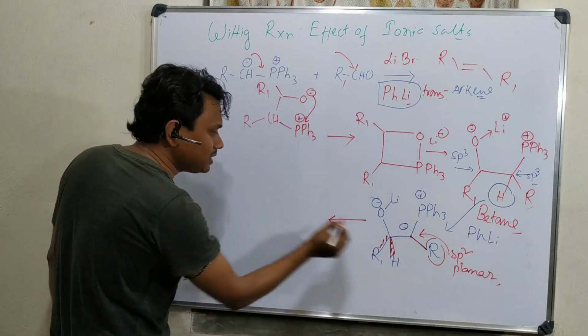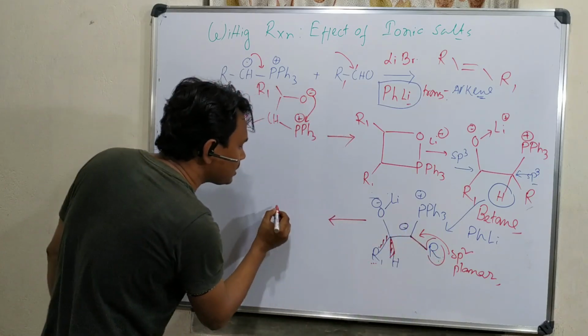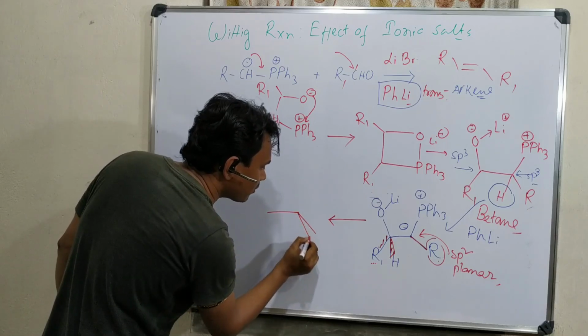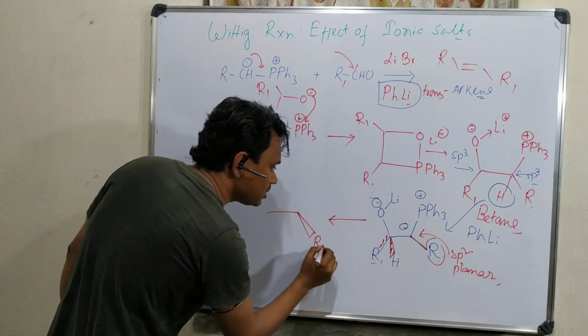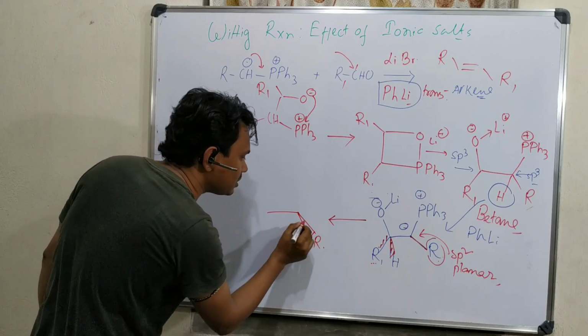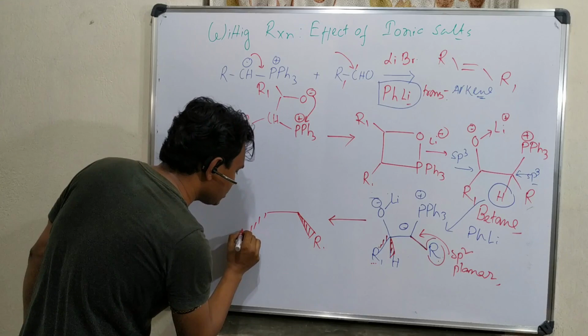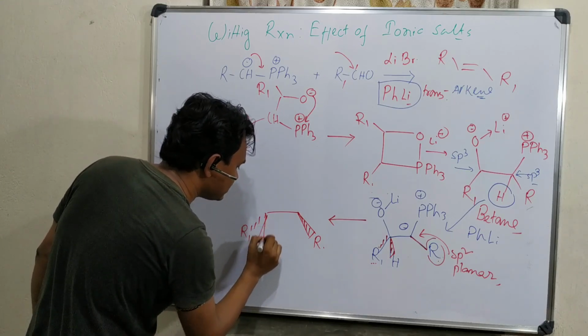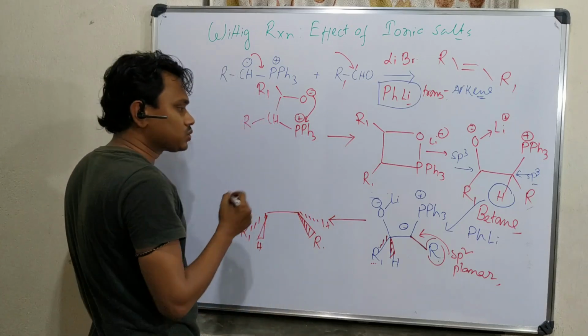What does it mean? Since it is below, it will definitely come to the above, front side, because in this way the activation energy will be less, and it will be relatively more stable. So this is R1 and this is H, and another hydrogen is in the backside.